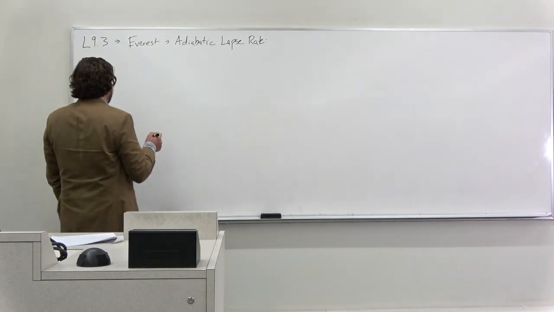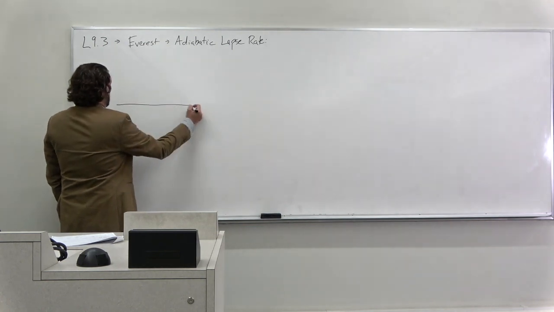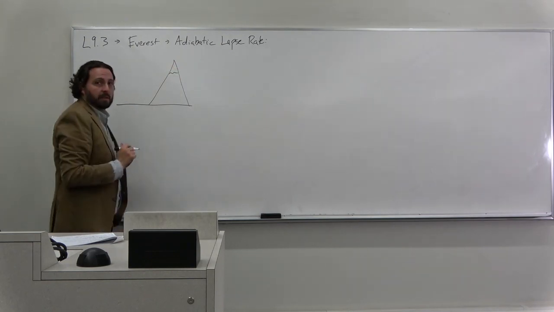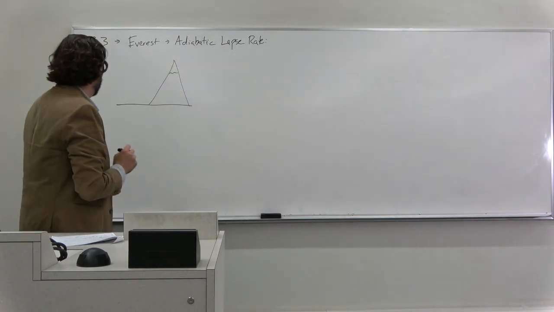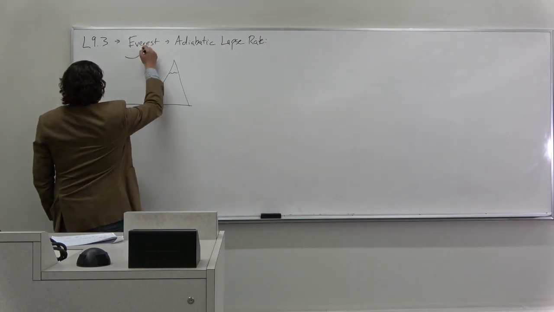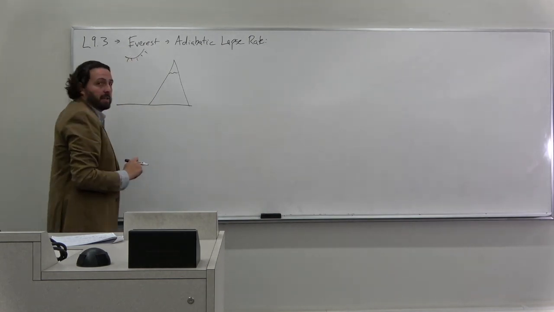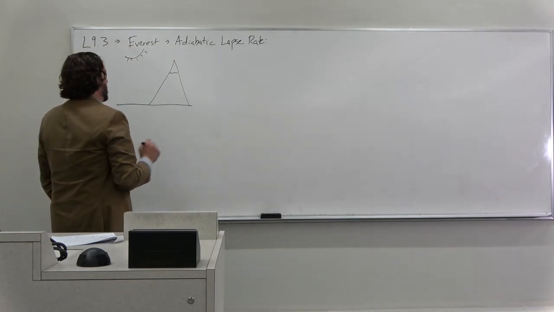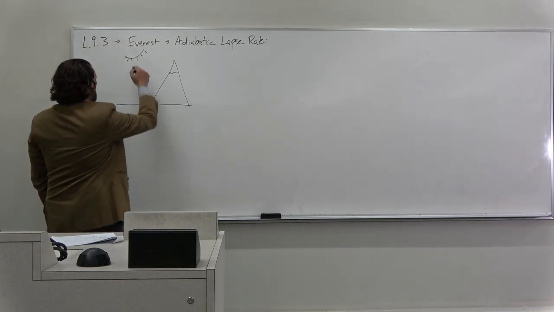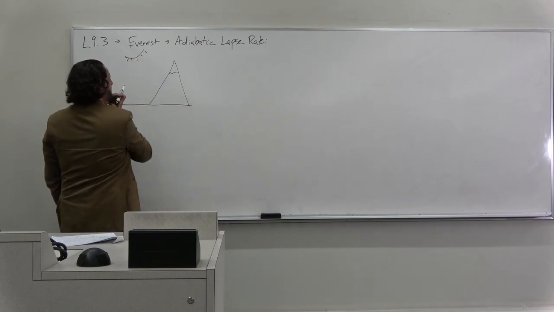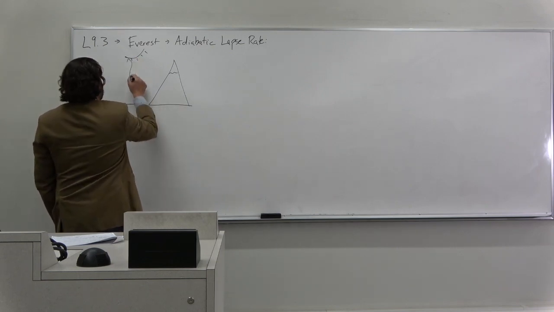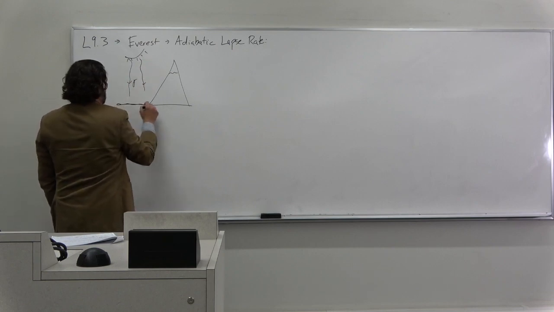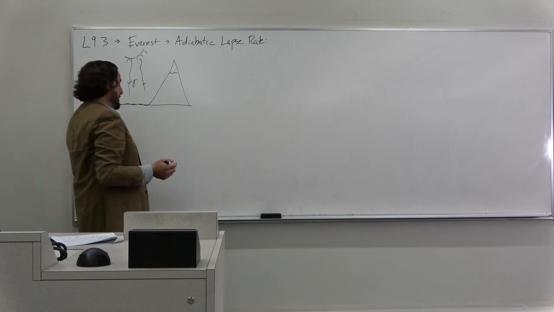Well, the way to think about it, you can tell I really should have gone to art school. Here's my Everest, and here's the sun. Let's think about what happens. Most of the Earth isn't, for example, a mountain. So most of the Earth, the solar radiation comes down and hits the Earth, and it's absorbed.